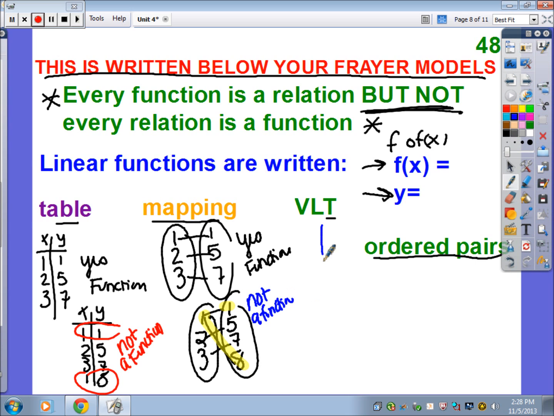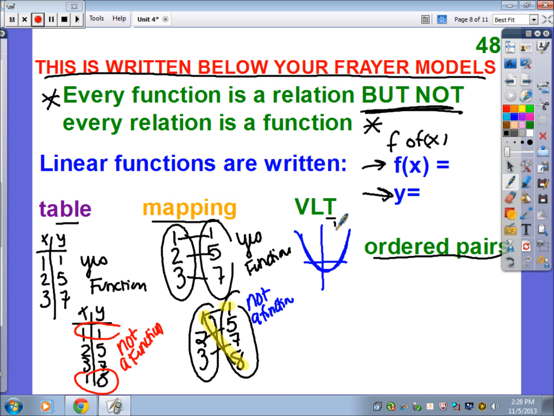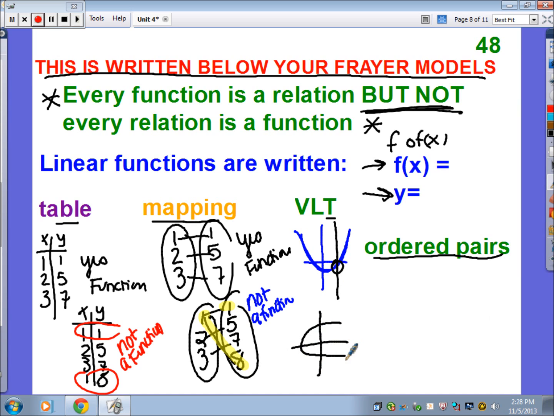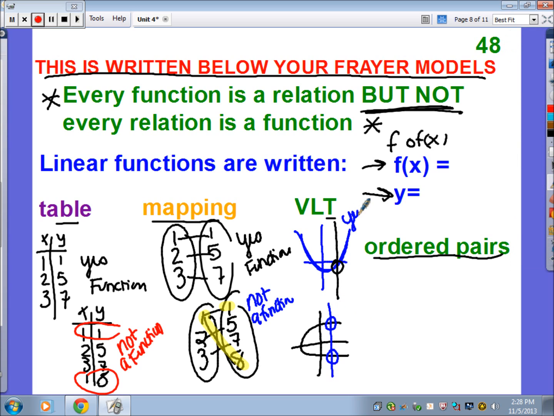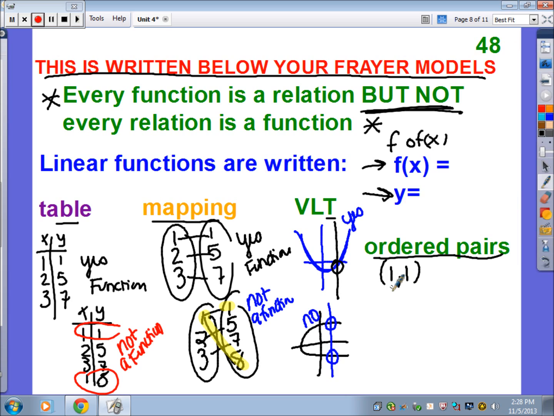The vertical line test, we just have a graph, can have a parabola here, and that's going to pass our vertical line test, only touches once. Or we can have the graph of, let's say, this shape, a sideways parabola, and it violates twice. So this is yes, and this is no. And then ordered pairs: (1, 1), (2, 5), (3, 7).